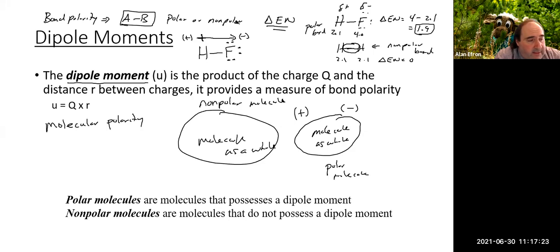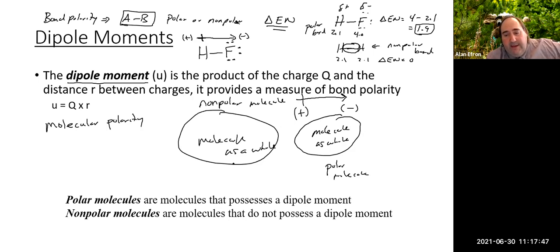If we determine that the molecule is polar, it will contain a dipole moment, and it could be represented as the overall molecule heading in this direction. This side would be more negative, this side would be more positive. If it's determined to be a non-polar molecule, it does not contain a dipole moment, which means you would not draw the arrow.